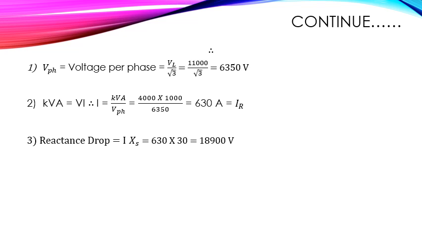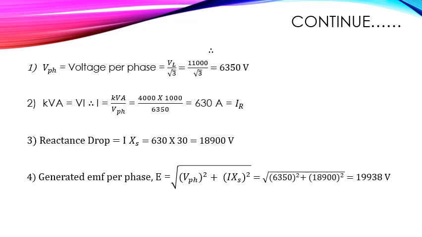Then for the reactance drop, take the product of current and synchronous reactance per phase. The current is 630, the reactance is 30. Then the generated EMF per phase, put the value of phase voltage and the drop, that is IXS.